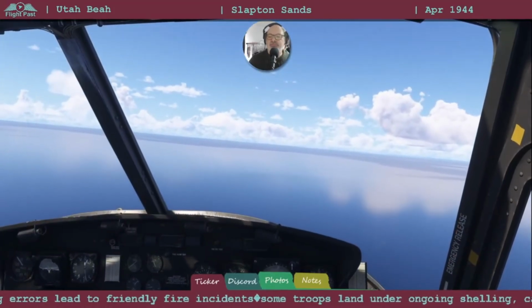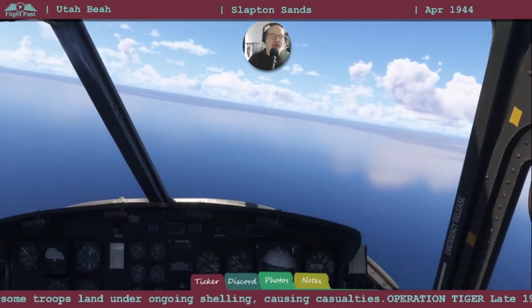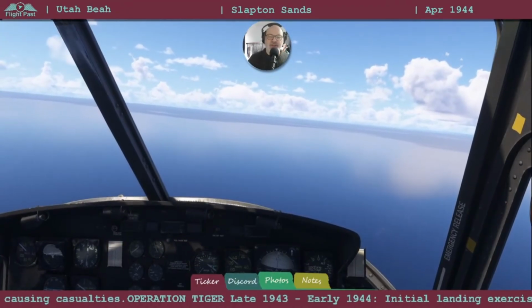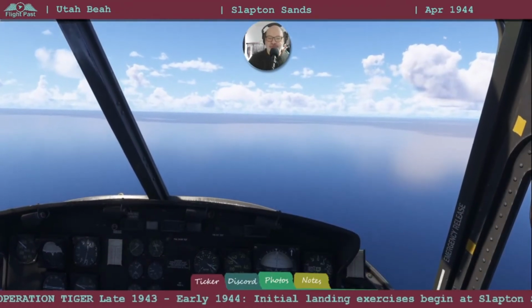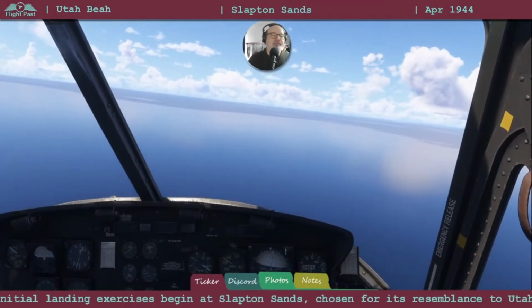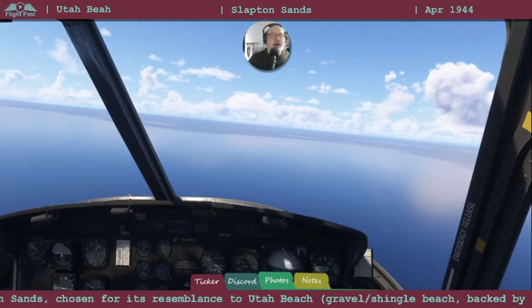So this exercise that happened at the end of April would have involved 30,000 troops reenacting a mock landing. It would include live firing exercise.